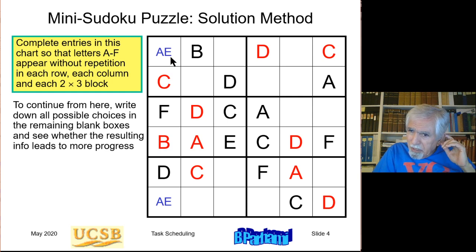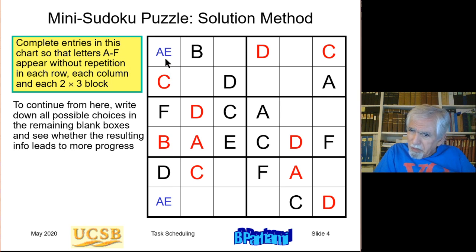So this is when I solve a Sudoku puzzle and I'm using a pencil, I sort of pencil in A, E there and A here. Maybe later I can decide whether A goes up there and E down here or just the opposite.